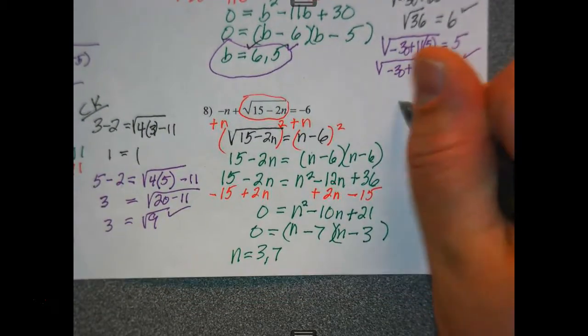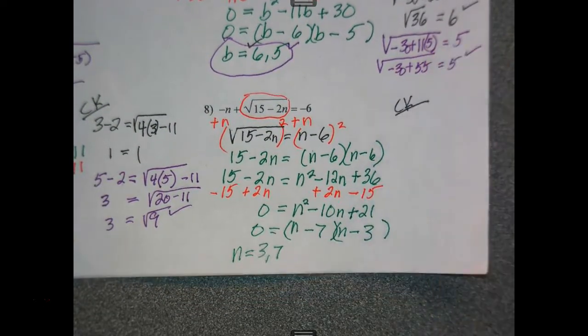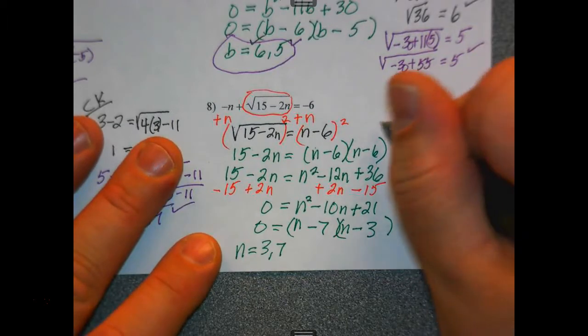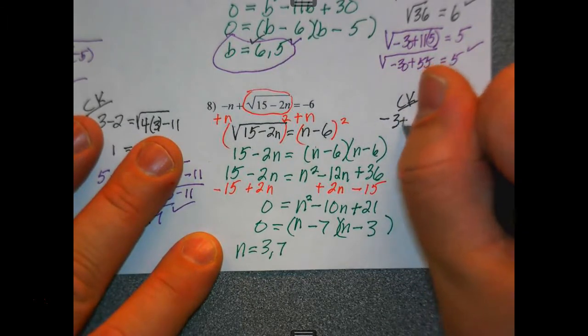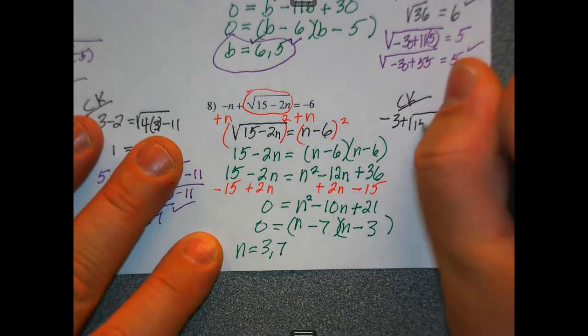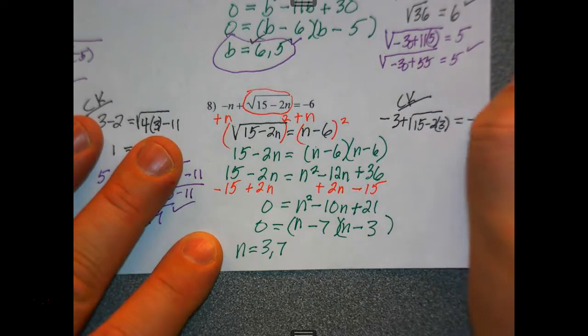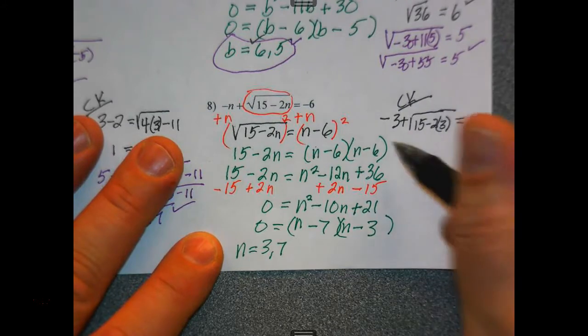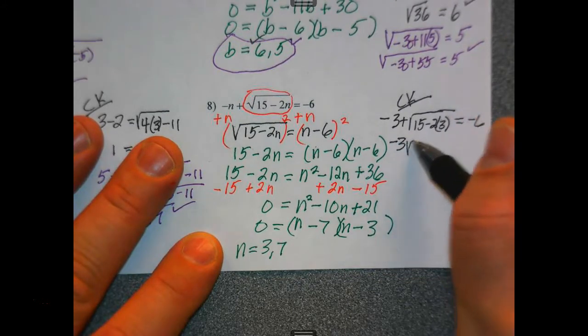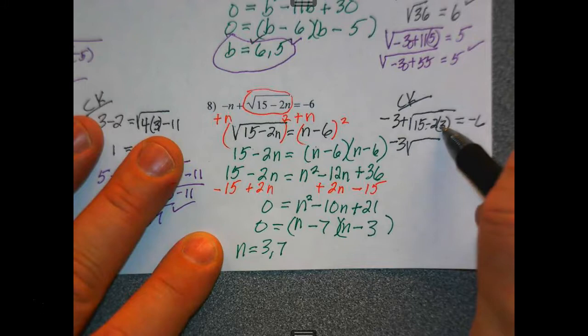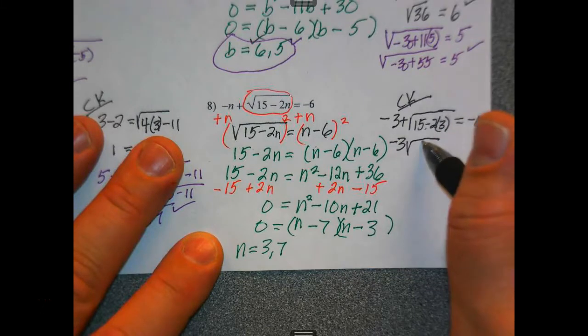Okay, check. Let's do the 3. Does negative 3 plus the square root of 15 minus 2 times 3 equal negative 6? Okay, negative 3 plus the square root of 15 minus 6 is what? The square root of 9?